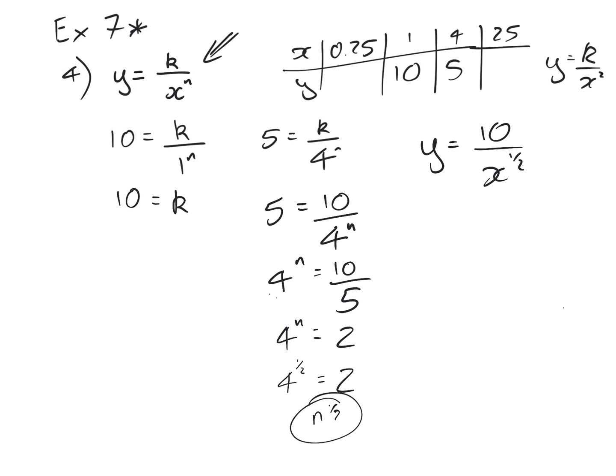And then it's really straightforward. You just type this into your calculator, 10 over 0.25 to the half, that's a quarter to the half, which is the square root of a quarter, which is a half, so that gives you 20.